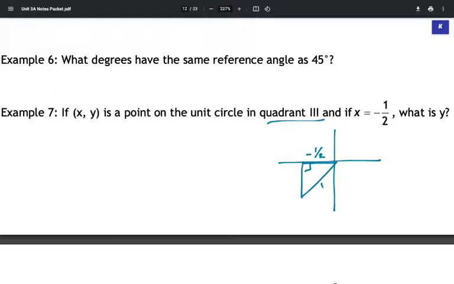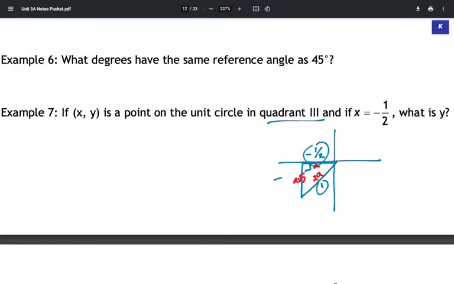You could use the Pythagorean theorem to figure this out. We know the y value is going to be negative, but basically what you should see is that this hypotenuse is twice as big as this side over here. So this is using those 30, 60, 90 rules, where this was your A, this was your 2A, and this was your A times the square root of 3 side.